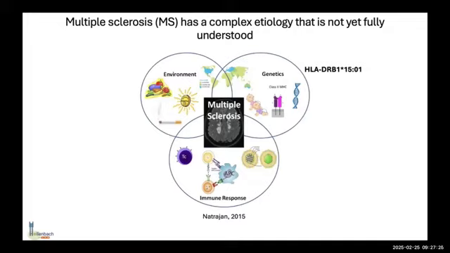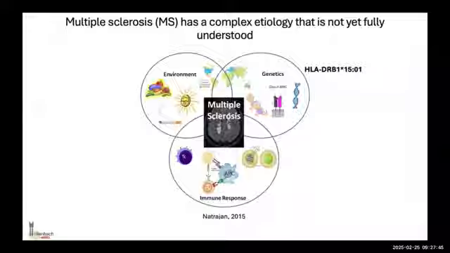Of course, many diseases are complex, and so there are also roles for environment, and then the biology of the immune response. And so MS is basically the intersection of all of these very complicated interactions.